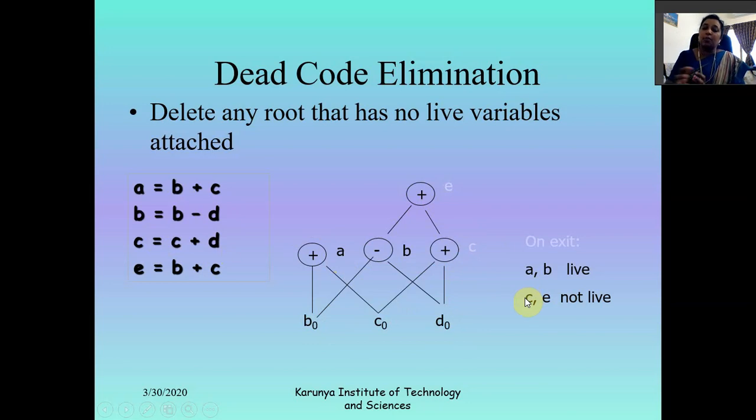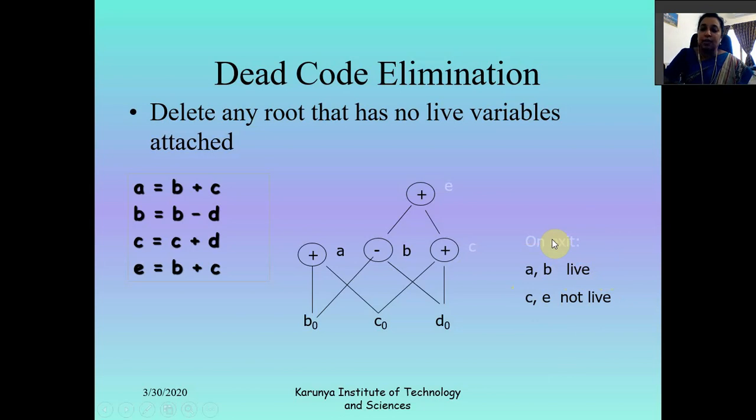Now what we are supposed to do is find, based on the control flow graph, whether all these variables will be used in the next consecutive blocks. And they try to find that C and E will not live at all, whereas A and B alone live.